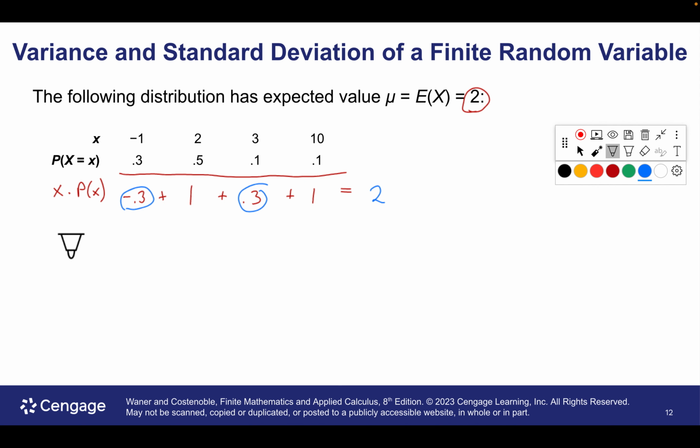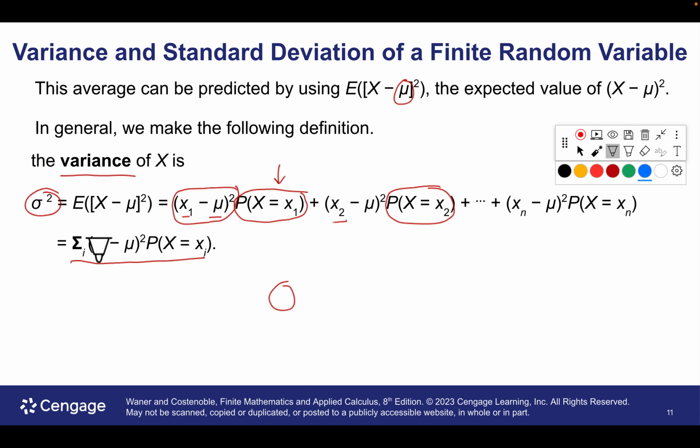Now, hopefully I remember everything we're supposed to do. The next step is we want to calculate each x value minus that average. Let's go back a step. We want to do this part, and then we're going to multiply by that, and then add them together. That's going to give us our variance.